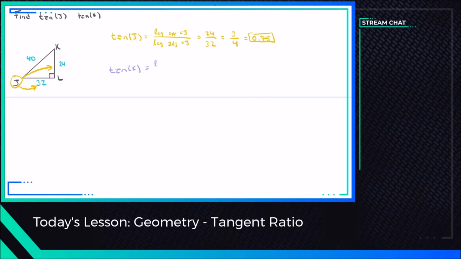That's once again going to be the leg opposite angle K over the leg that is adjacent to angle K. So opposite is going to be 32, adjacent is going to be 24, or 4 over 3, and that is approximately 1.3333. The 3 goes on forever.